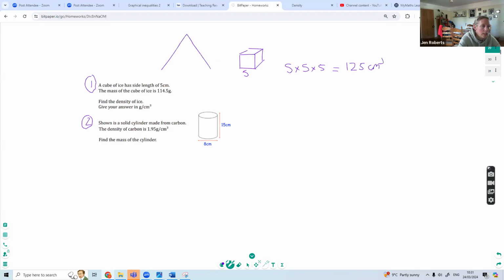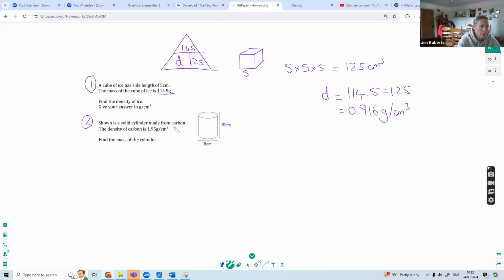Working out the density: we've got our mass, 114, and our volume, 125. We're going to divide them, which gives 0.916 grams per centimetre cubed.